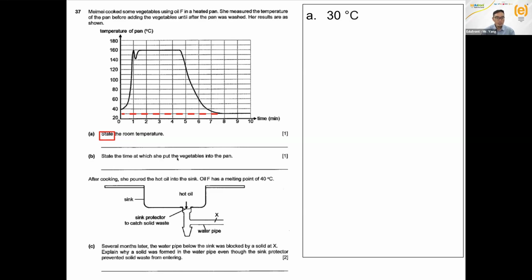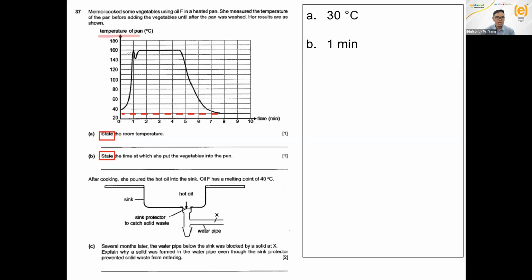Now state the time at which she put the vegetables into the pan. What's the time? The time is 1 minute. Let's see what happened here. Mei cooked some vegetables and used oil in a heated pan. The vertical axis shows the temperature of the pan.